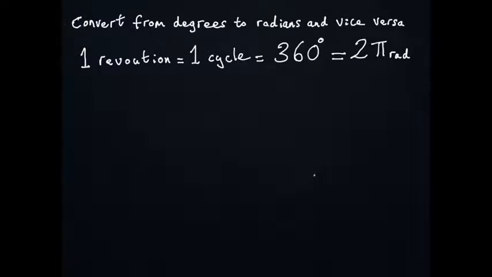How to convert from degrees to radians and vice versa? We are going to use the definition that one cycle, one revolution, equals 360 degrees equals 2 pi.